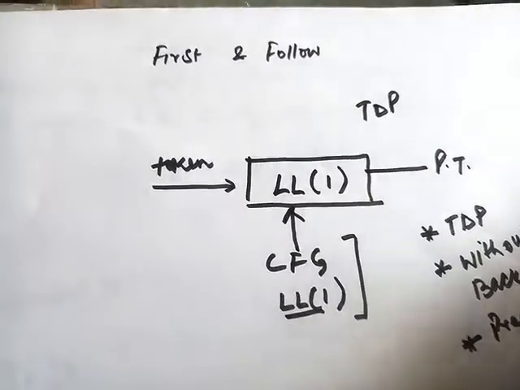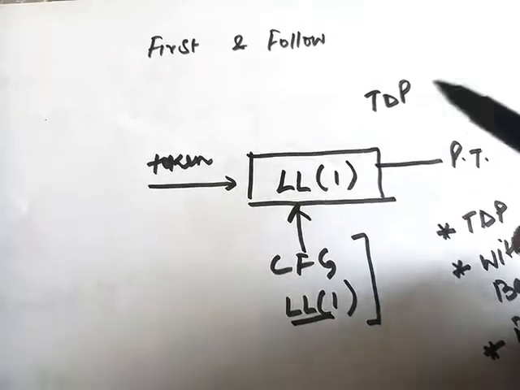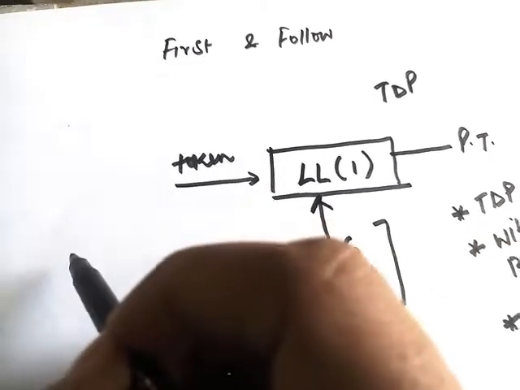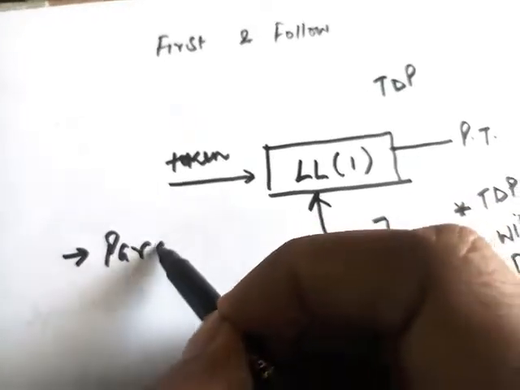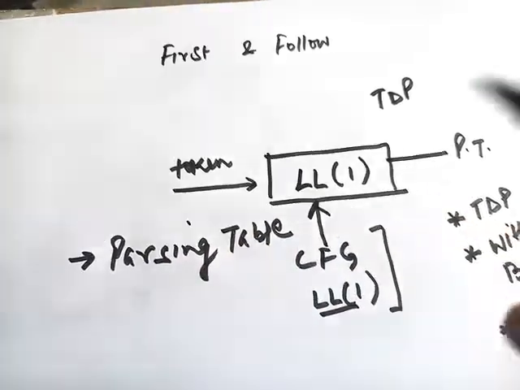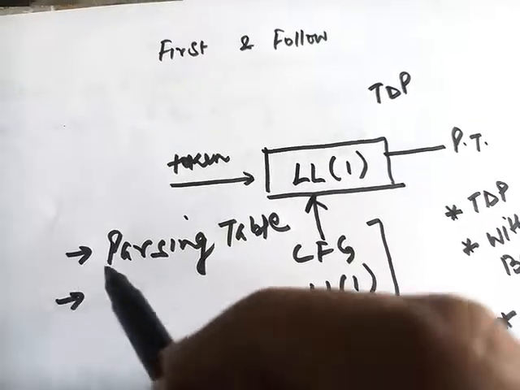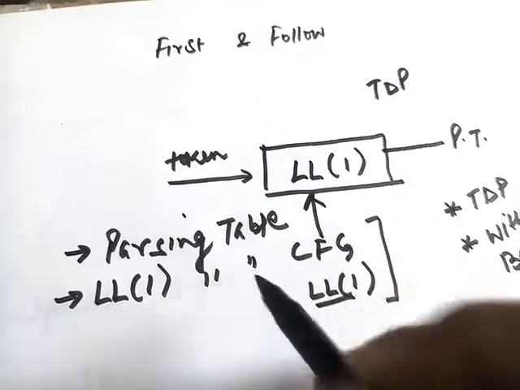Second thing is that whenever the parser is going to generate the parse tree, this LL1 parser needs a parsing table, and this table is also called the LL1 parsing table.